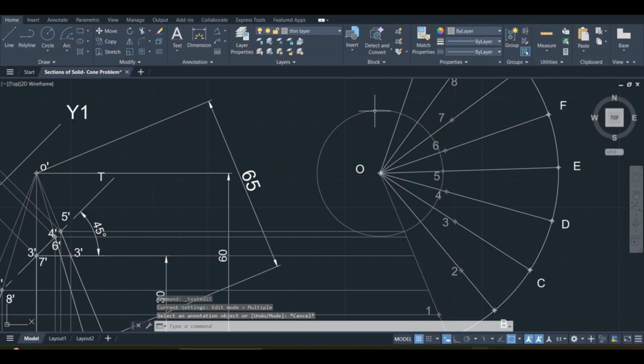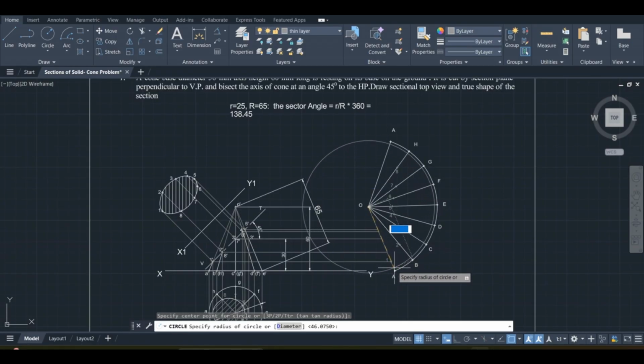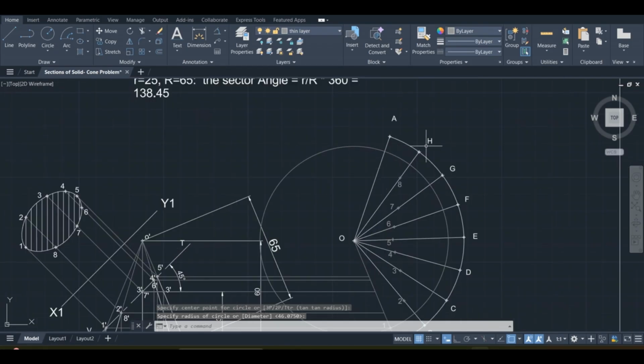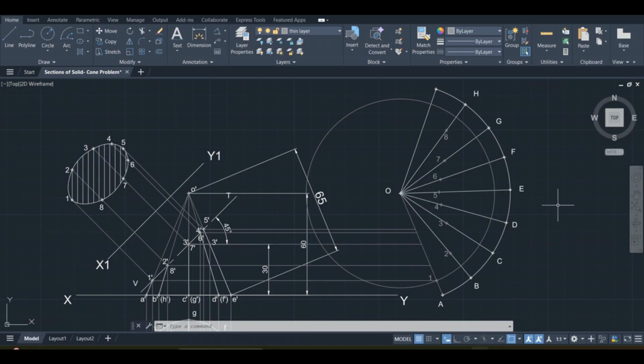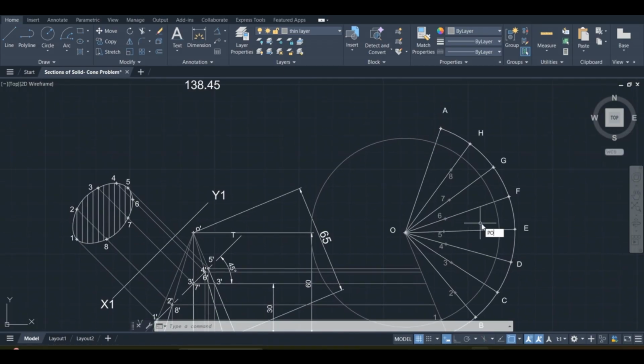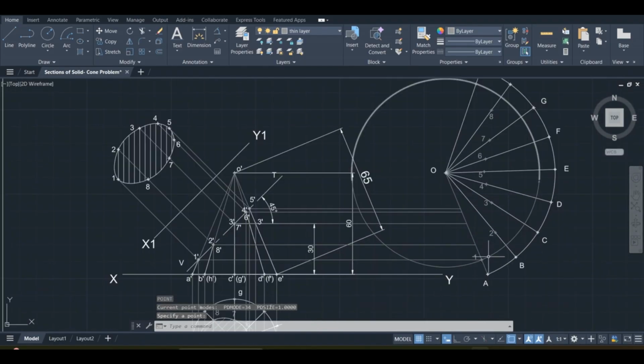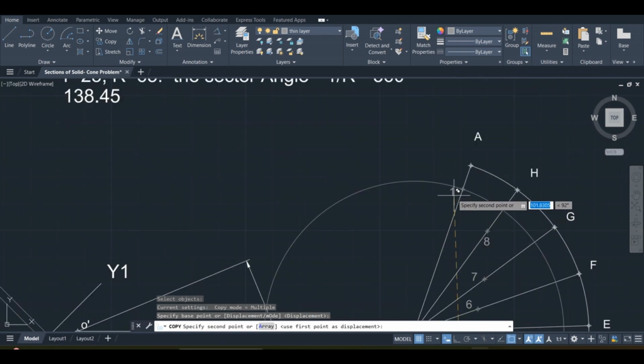Now here we have to mark one more point 1 on AO. So mark the point at this intersection and give the point name as 1. So copy this one, keep here as point 1.